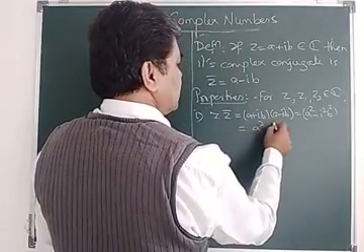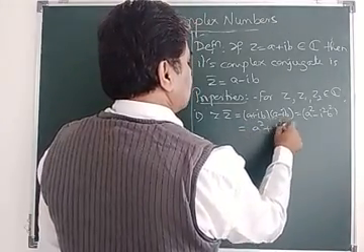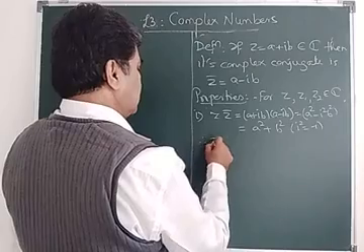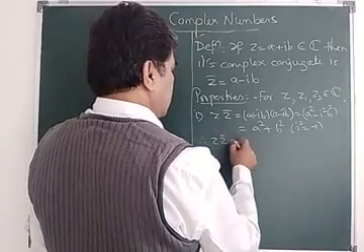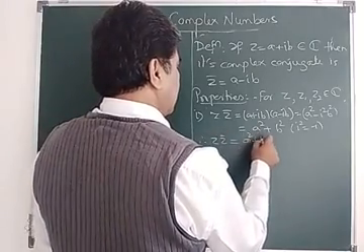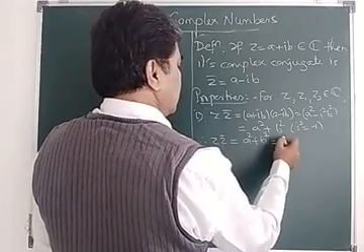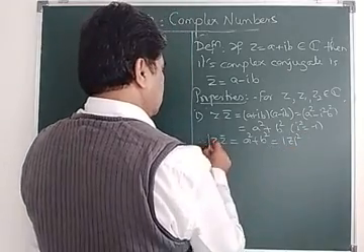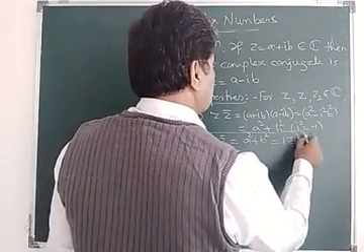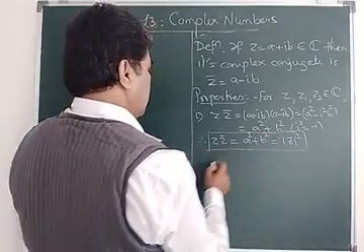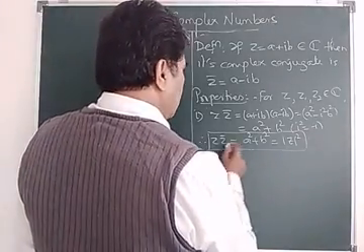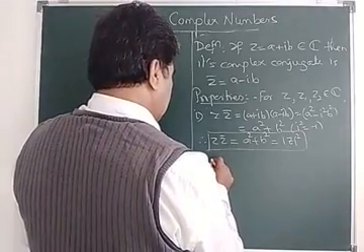So a square plus b square, since i square is minus 1. And therefore z z bar is equal to a square plus b square. Okay, and it is precisely mod z square. So this is the first important property.